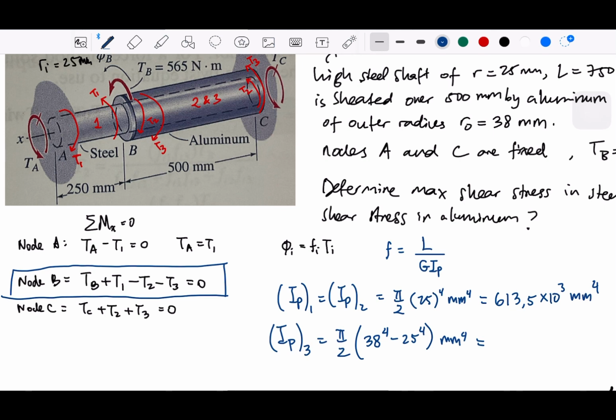Check just to make sure. Okay, 2,661,000. So 2 million.